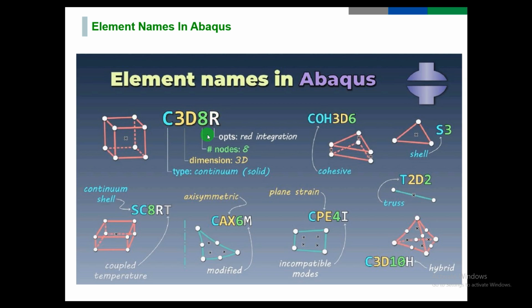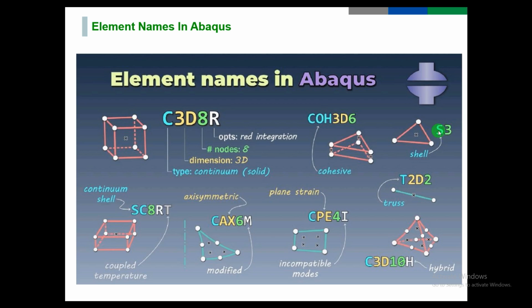Two is typically for linear beams or trusses, like T3D2, or connectors. Three is for linear 2D triangles or shell elements, like S3.